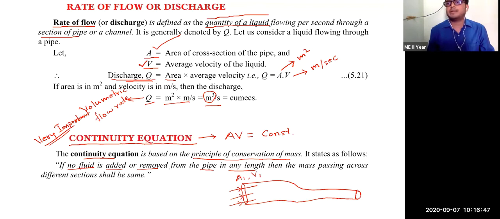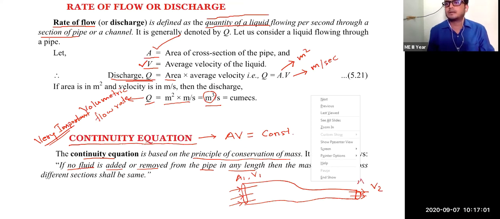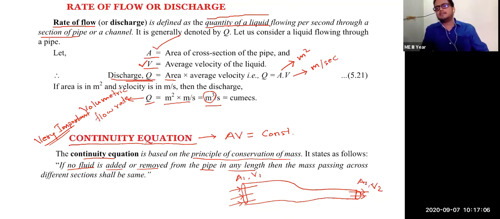Now at the exit location, the fluid is going outside of this pipeline with velocity V2, and here the cross-sectional area is small, so let's keep it as A2. So area is A2, velocity is V2. Here the area is A1, velocity is V1.